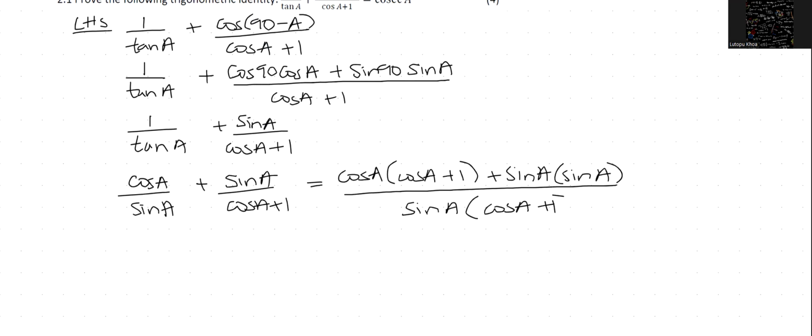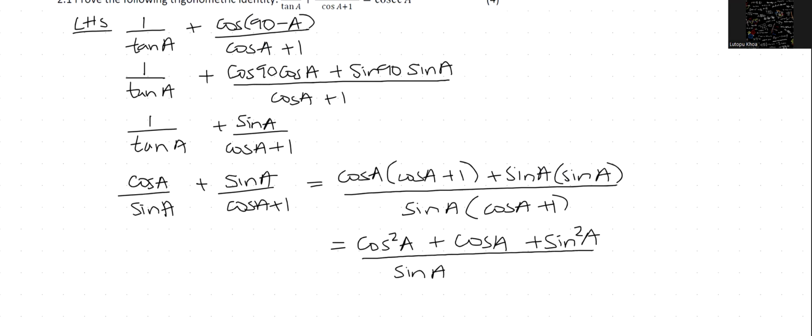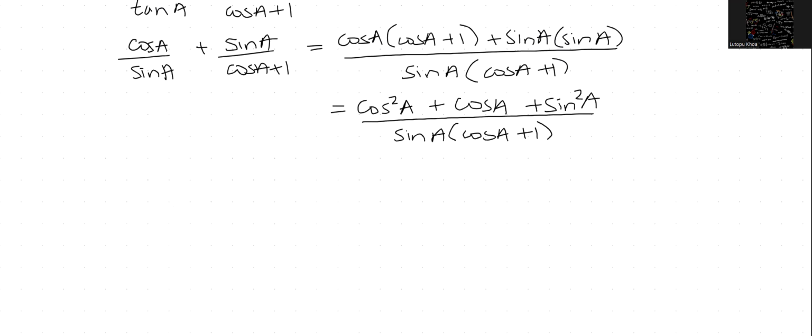So this gives us cos squared A plus cos A plus sine squared A, all over sine A times (cos A plus 1). Now, our famous Pythagorean identity, cos squared A plus sine squared A, is equal to 1.